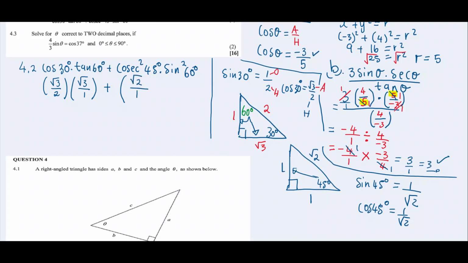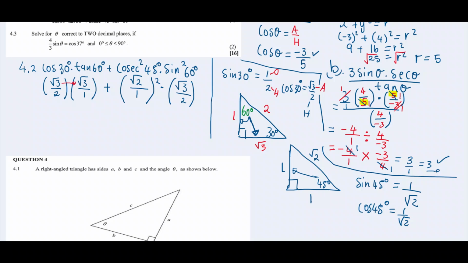So the sine of 45 is 1 over root 2. We just get its reciprocal, so it's going to be root 2 over 1, and it's being squared, times the sine of 60 degrees. So the sine of 60 degrees from here is opposite over hypotenuse, so it's root 3 over 2.